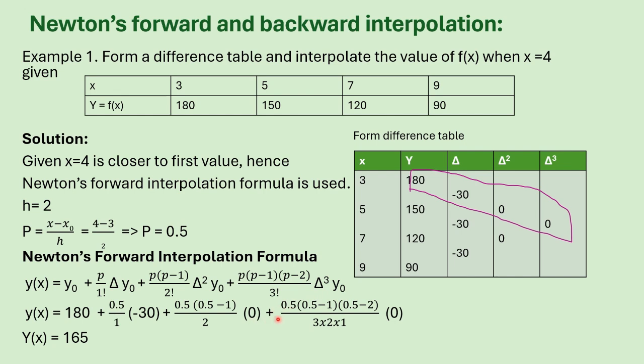So we put 0 here, plus p into p minus 1 into p minus 2, so 0.5 into 0.5 minus 1 into 0.5 minus 2, by factorial 3, which is 3 into 2 into 1, into delta cube y naught. Delta cube y naught is 0. So simplifying it, we get 165.